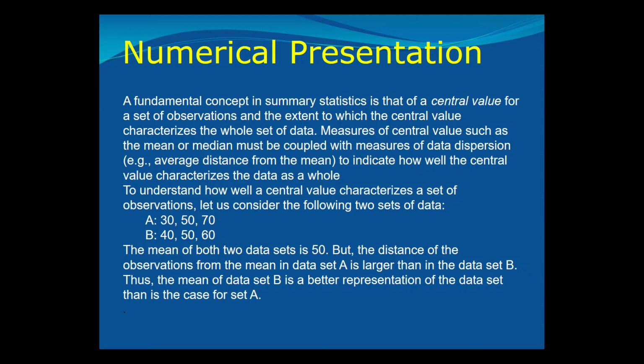The mean of both data sets is 50, but the distance of the observations from the mean in data set A is larger than in data set B. Thus, the mean of data set B is a better representation of the data set than is the case for set A.